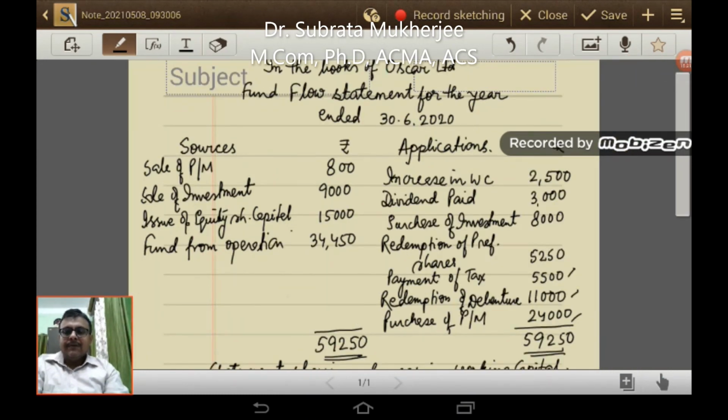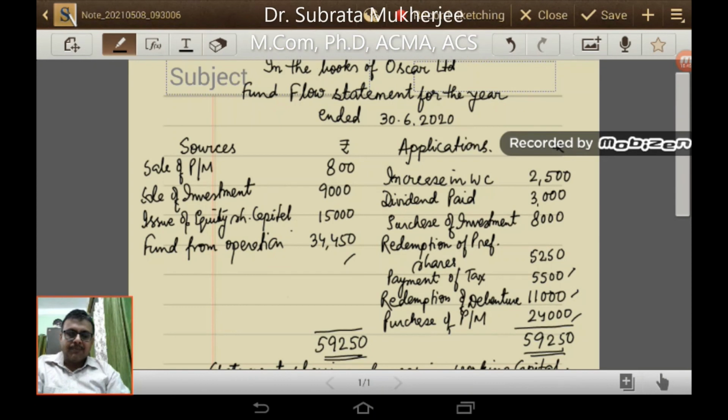The total of the two sides of the fund flow statement is 59,250. The sources total is 59,250 and the application total is also 59,250. So this way I have solved this problem of fund flow statement.